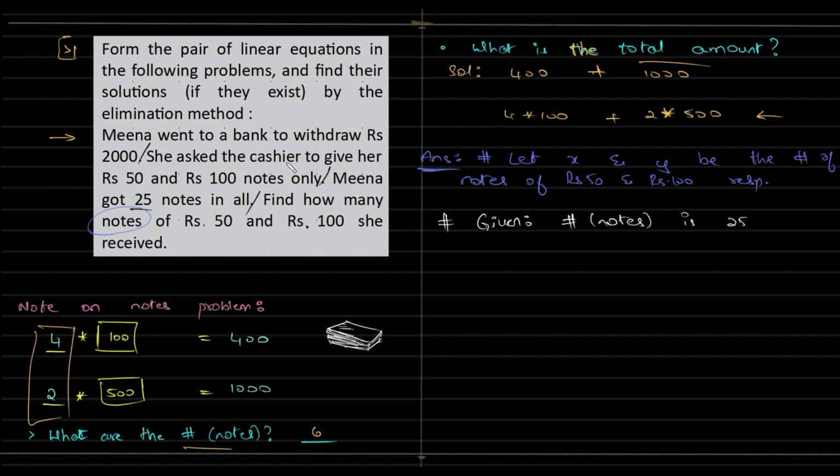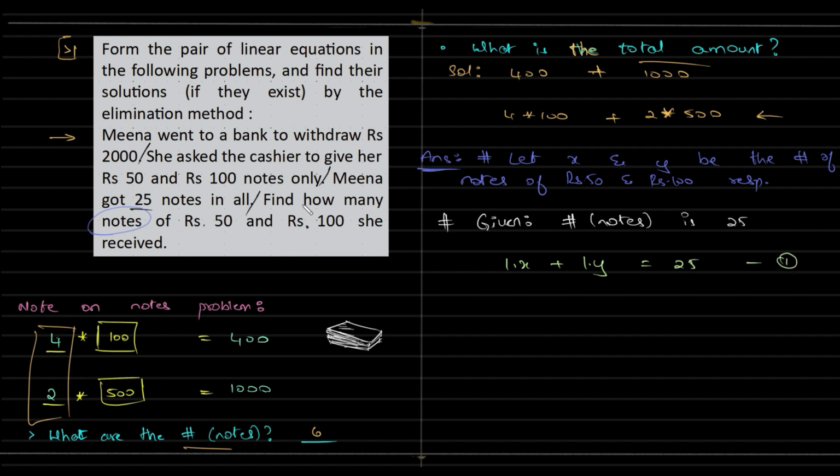So can we reframe this statement in this manner? When we talk about the total number of notes, what are we talking about? Is it 50x, 100y, or is it just x and y? It's just x and y, is it not? x plus y is equal to 25. That's my equation 1.